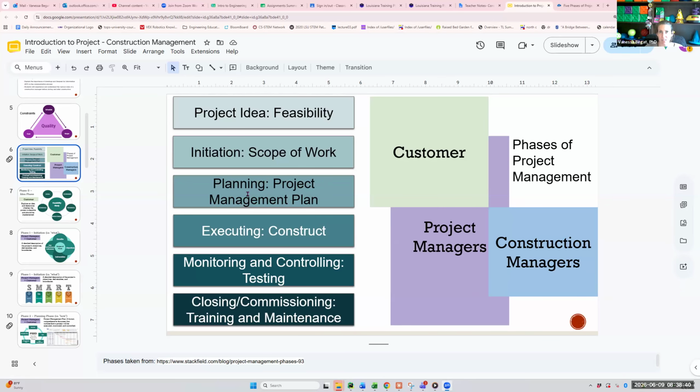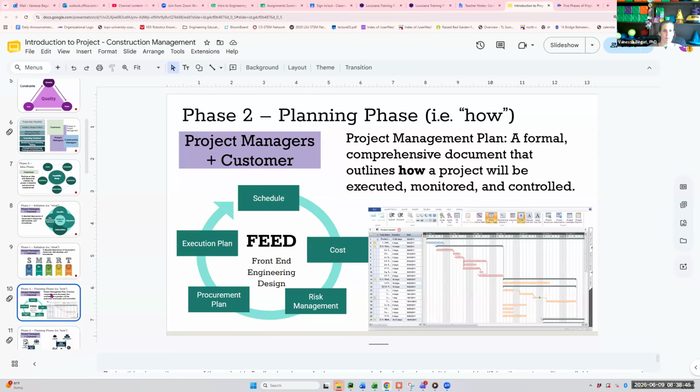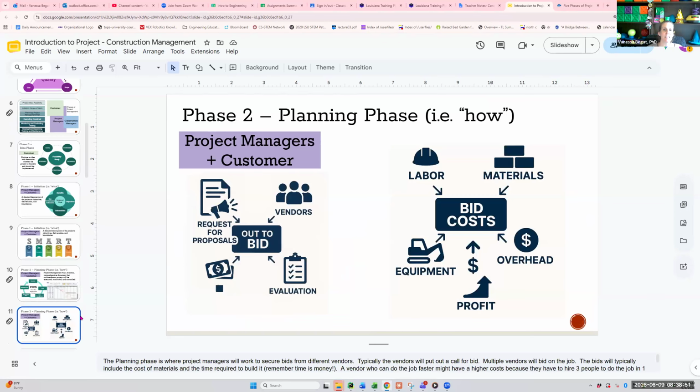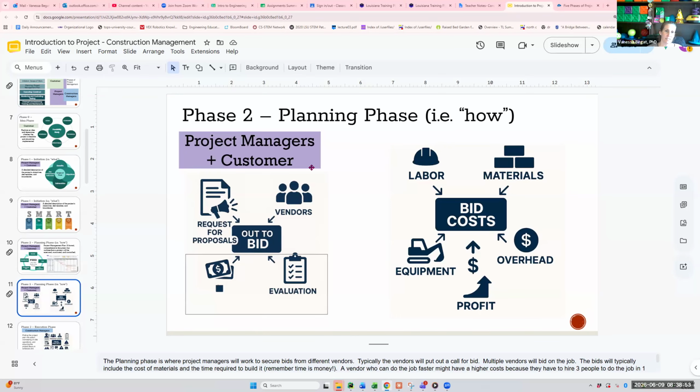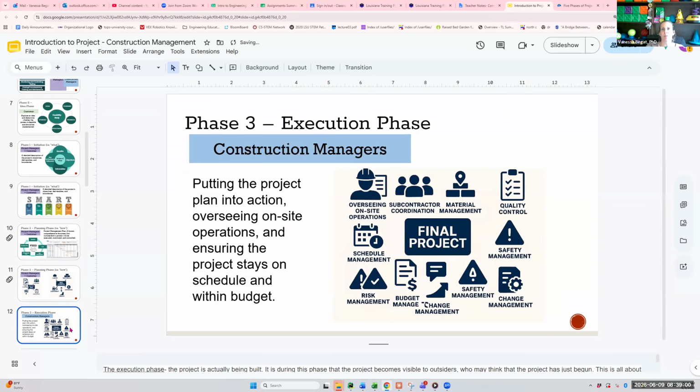But once they've said, okay, this is the project plan, then part of the project plan is these plans. This is where the construction groups are going to bid on the job and be awarded it, and that's where the construction managers come in and execute the project.